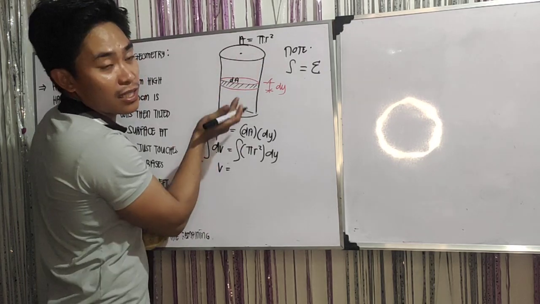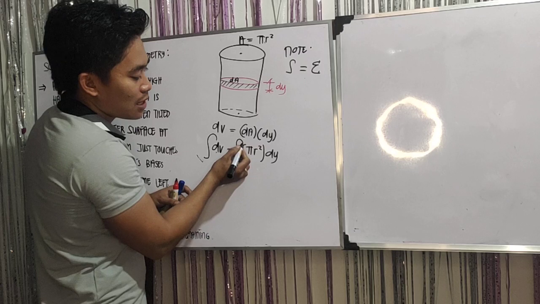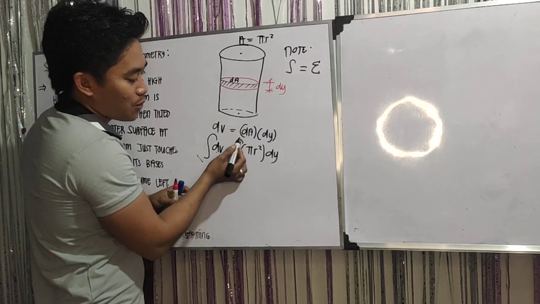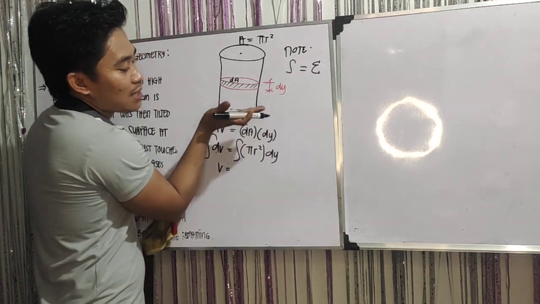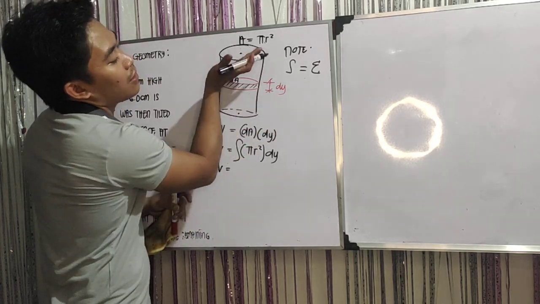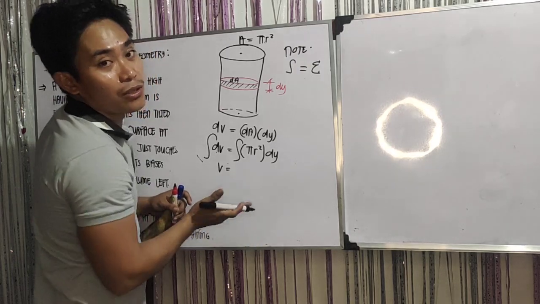Kumbaga, gin-slice mo siya up to infinite slice, tapos, isum up mo sila lahat. So, again, yung integral na yan is just simply the summation. After mo siyang gin-slice, you need to sum it all up, and that will give you the total volume.